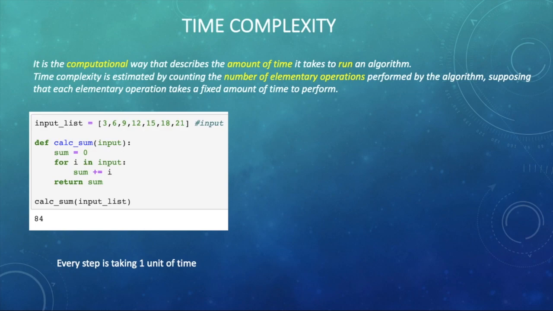So by step, what I mean is that a statement like variable sum getting initialized to 0 is considered a step, or we can also call it an operation as well. And this step is supposed to take 1 unit of time. This step does not depend on the input size and always takes the same constant amount of time for its execution.